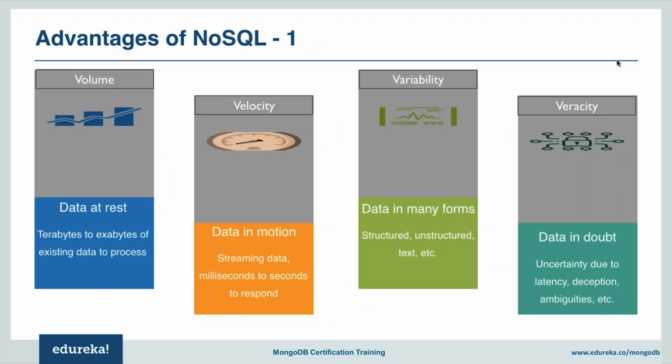Now, the major advantages of NoSQL come with the V's that we have, the 4 or 5 V's: volume, velocity, variability, and veracity. For volume, it's the amount of data being pushed in, the amount of data already pushed into a NoSQL store, and how that data is managed.